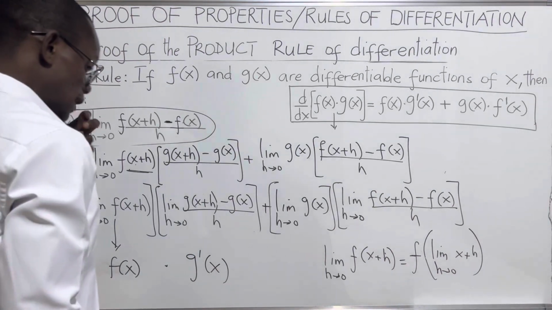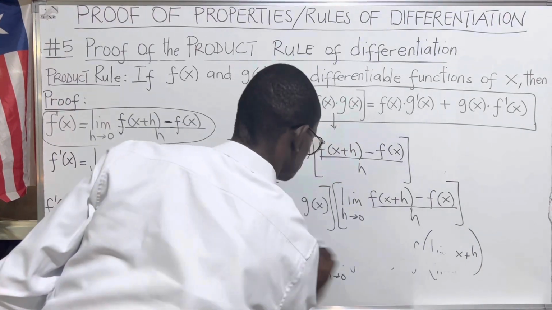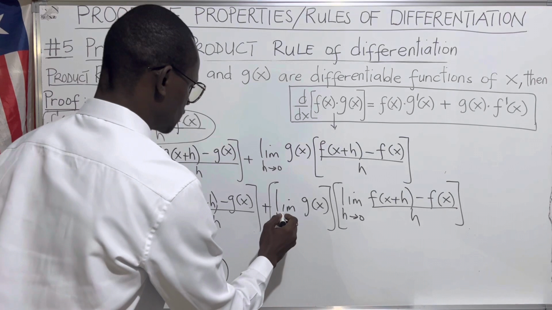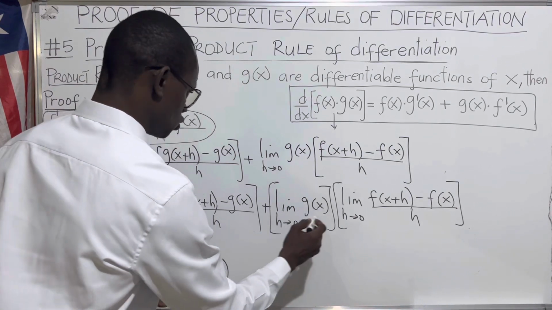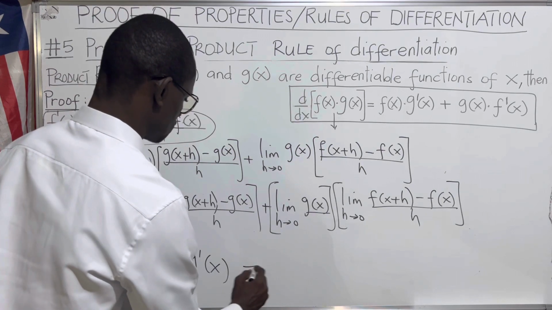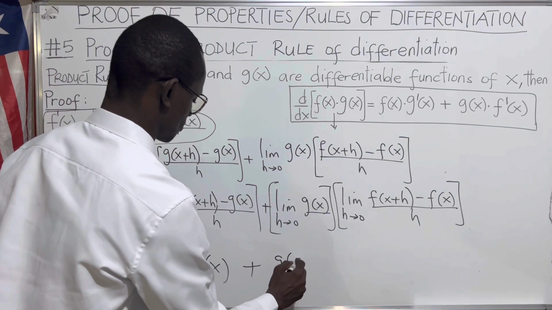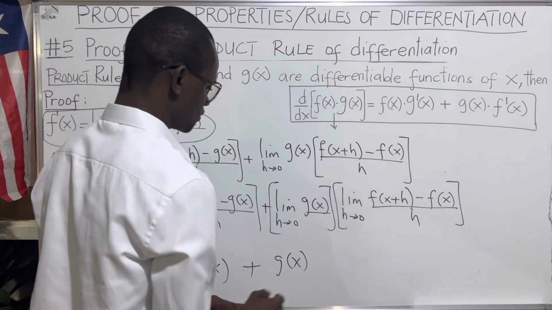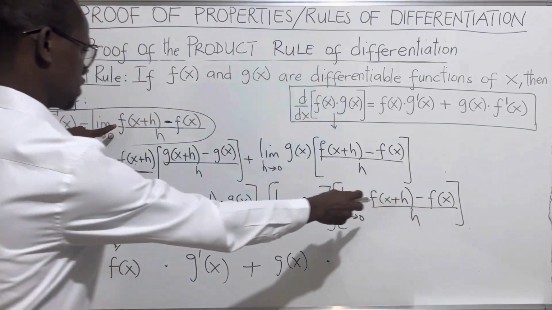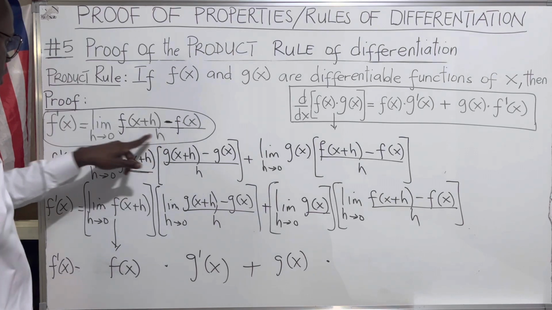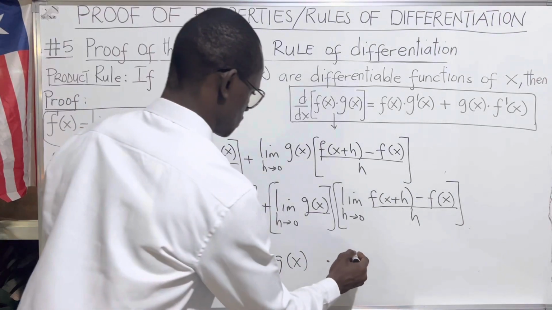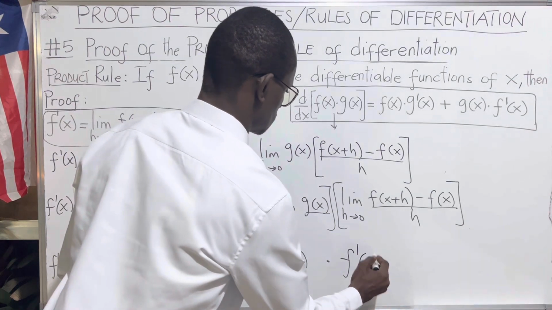So the next area, now we move to this side. The limit of g of x: g of x is a constant because there is no h. So it will just be equal to g of x times the limit of f of x plus h minus f of x over h as h approaches 0. So this whole thing is just equal to f prime of x.